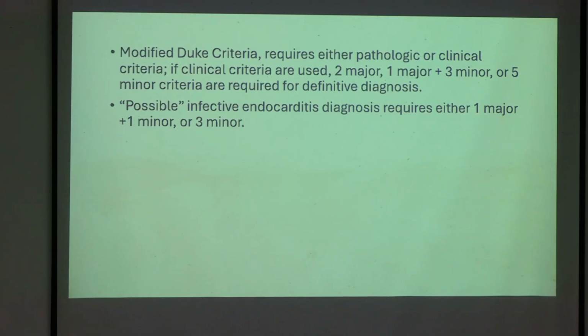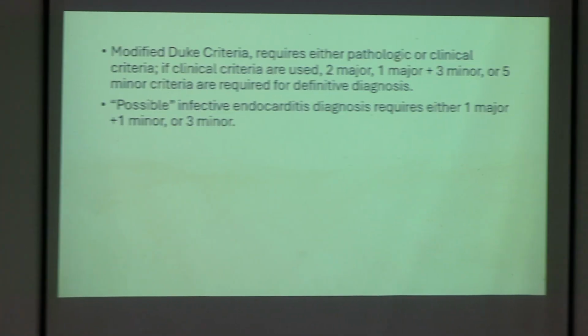So this is very important, either 2 major, or 1 major and 3 minor, or 5 minor criteria, okay, for a definitive diagnosis. Possible infective endocarditis diagnosis requires 1 major and 1 minor, or 3 minor, okay. So this is very important, how many criteria are required for definitive diagnosis, okay.